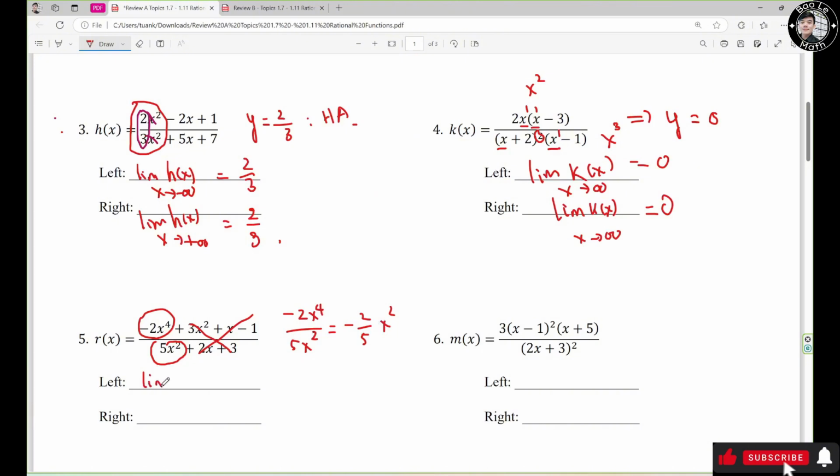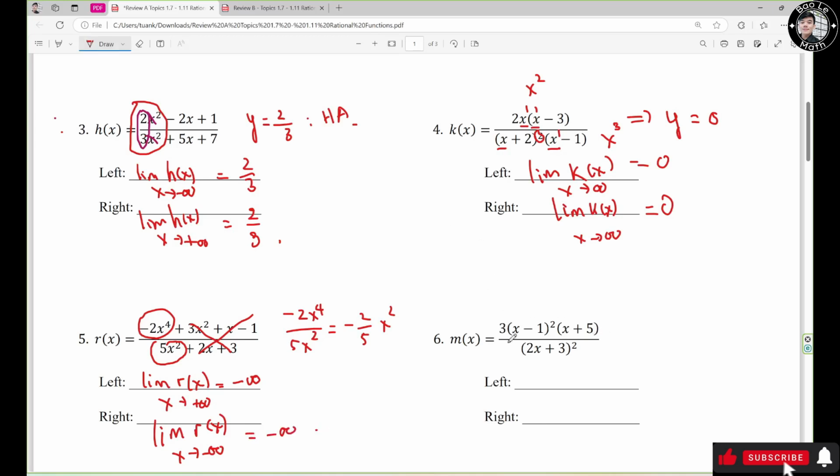So limit of the function r of s when s approaches positive infinity is negative infinity, right? Because positive infinity, you substitute over here, it's going to be positive infinity multiplied by negative 2 fifths, which is still negative infinity, right? Now limit of the function r of s when s approaches negative infinity. This guy becomes positive infinity, right? Multiplied by negative 2/5 is still negative infinity, right?